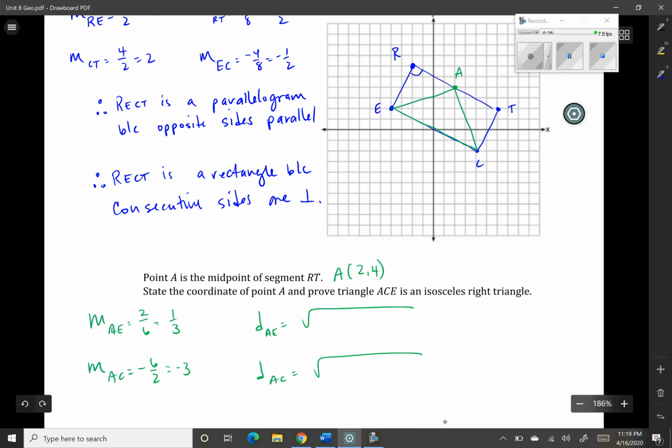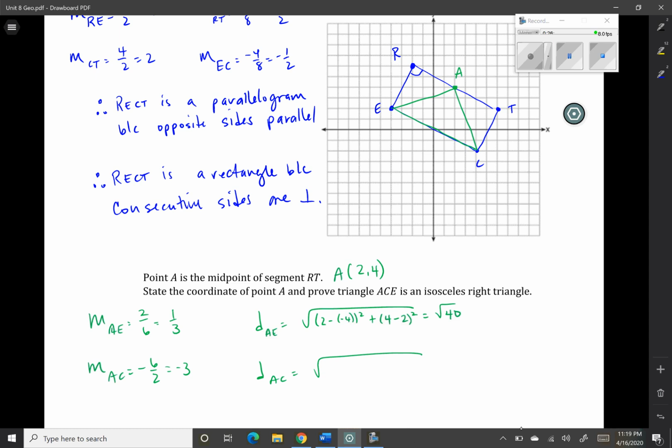So if I take points A and E and subtract their x values, right, the x values are going to be 2 minus negative 4, plus 4 minus 2. If you do that, you're going to get the square root of 40. I know you can reduce it. I know you could type it in the calculator and get a decimal.